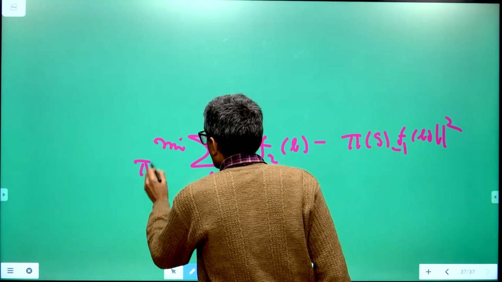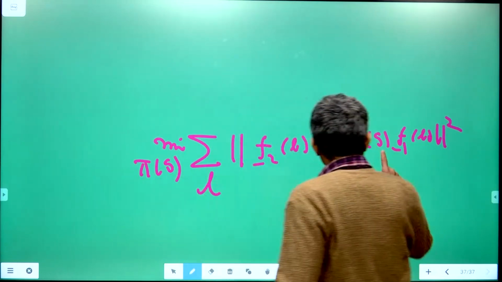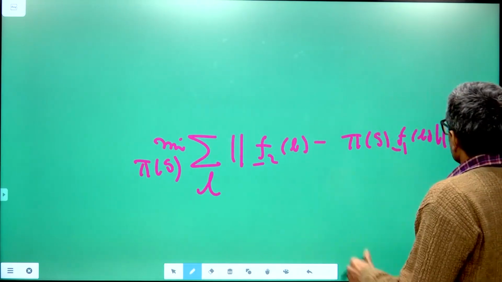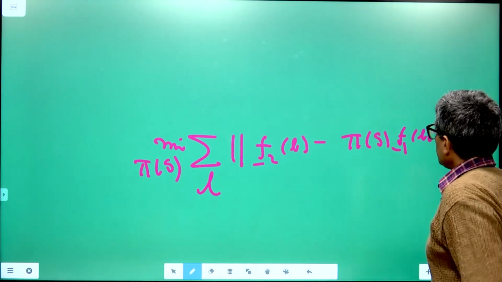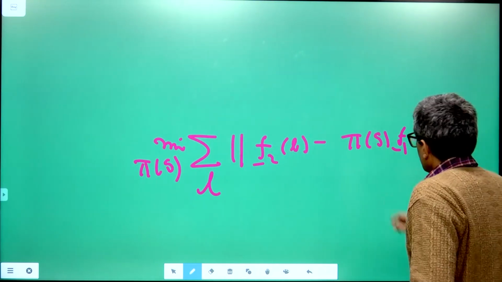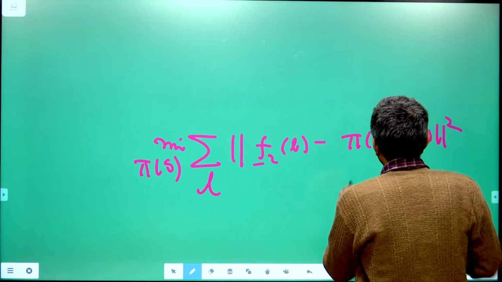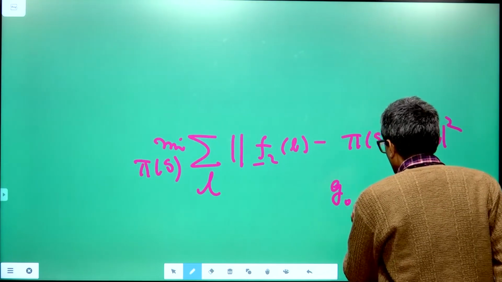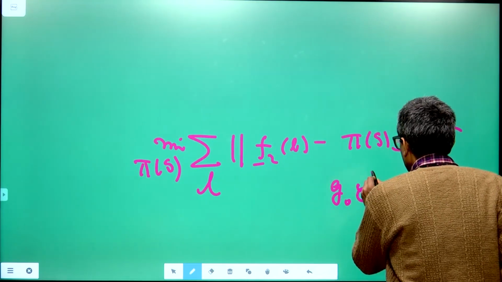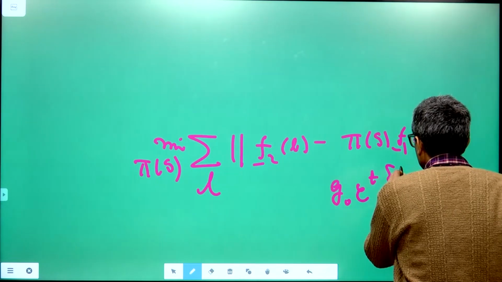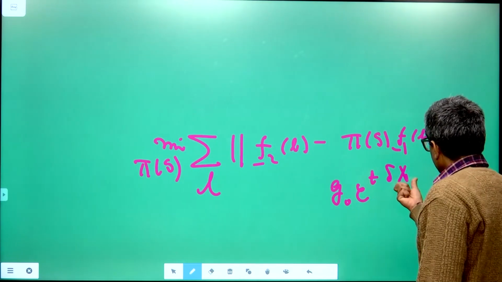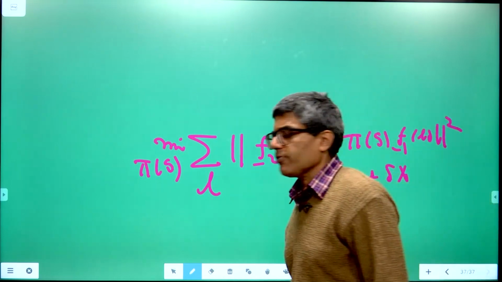First you minimize with respect to the matrix pi(G), using a simple linear least squares algorithm. So you get the value of G, and of course you can carry this minimization out recursively. That means if you have a guess value G0 and you perturb this to e^(t delta x), where delta x is an element of the Lie algebra of SO(3).